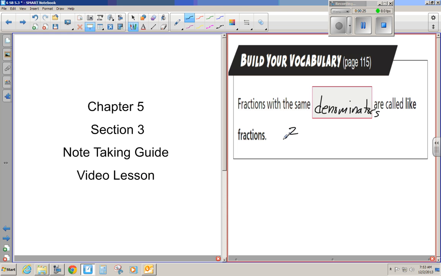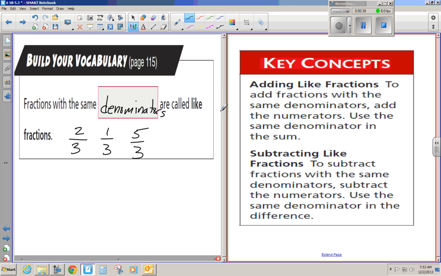That means 2/3, 1/3, 5/3 are like fractions. You need like fractions in order to add or subtract the fractions.